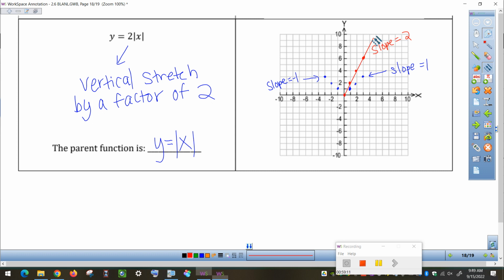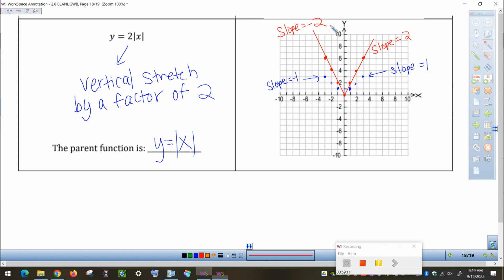I'm going to connect it. Sure enough, it's a steeper line. On the other side, the slope of -2 is up 2 over 1 to the left. Awesome. Once we have a few points there, that's what makes that vertically stretched.